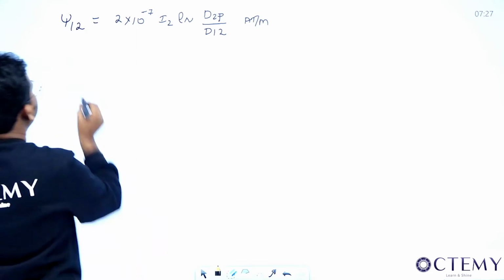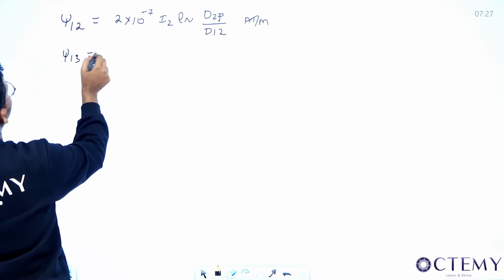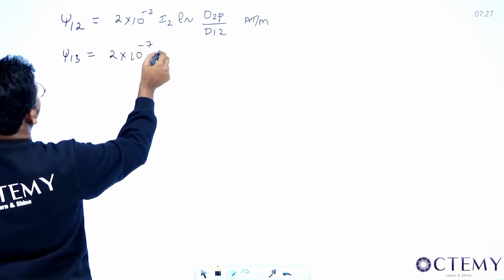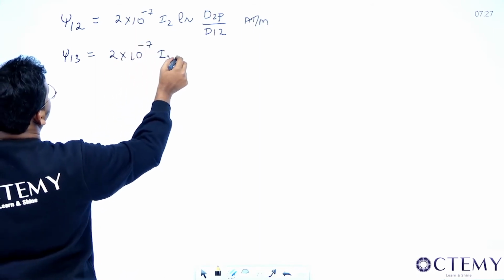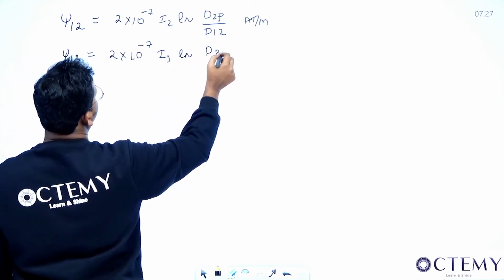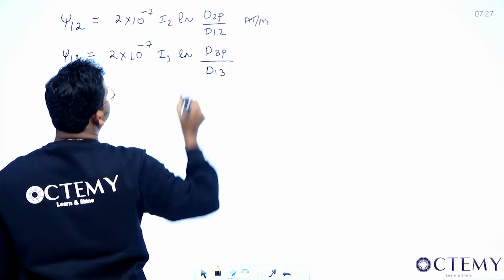Right. So similarly, if I want to find phi 13, what should that be? That should be equal to 2 into 10 power of minus 7 into I3 into ln D3P divided by D13.